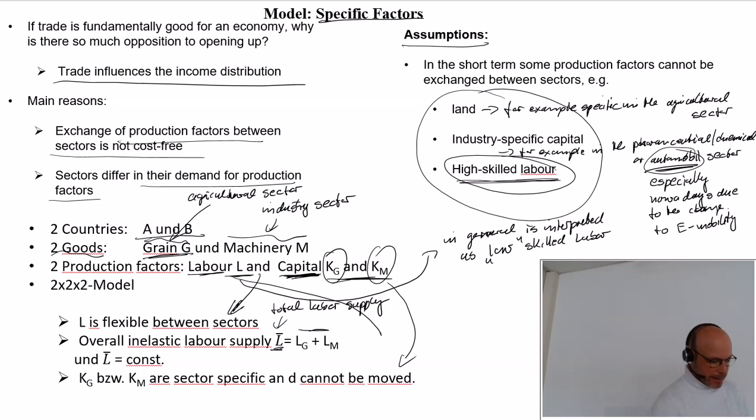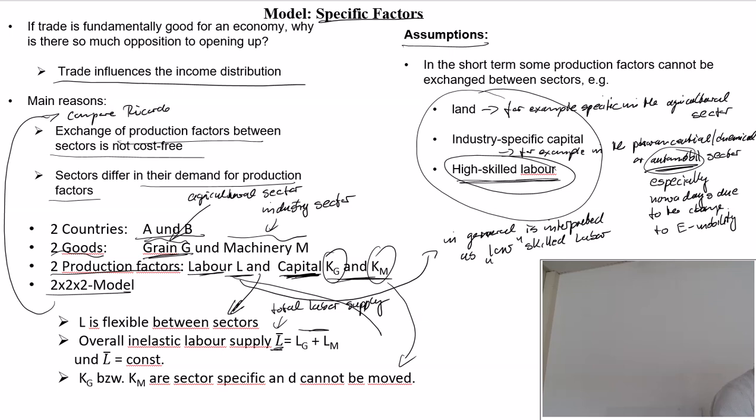And then overall, two production factors, two goods, two countries. We have a 2x2x2 model. And I don't know if I have written this down in the Ricardo model. Compare Ricardo model.